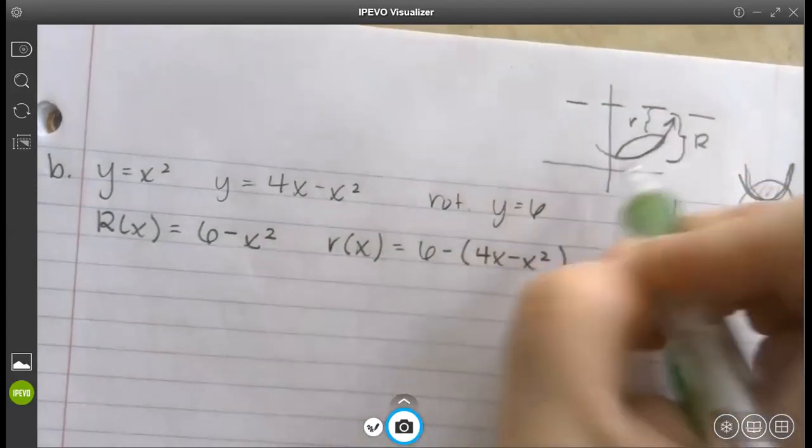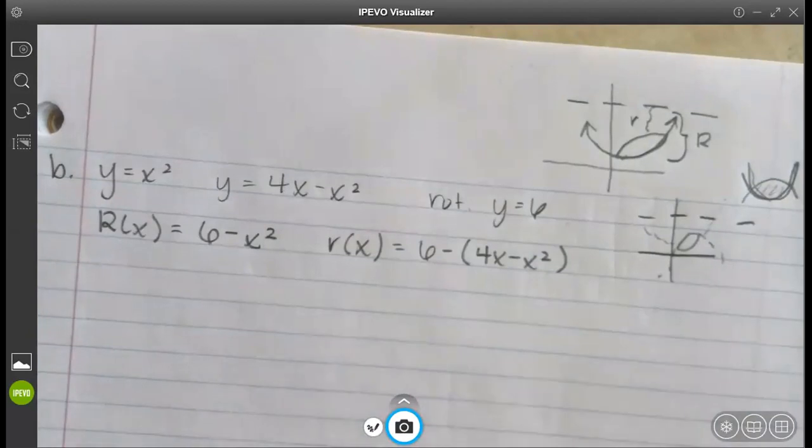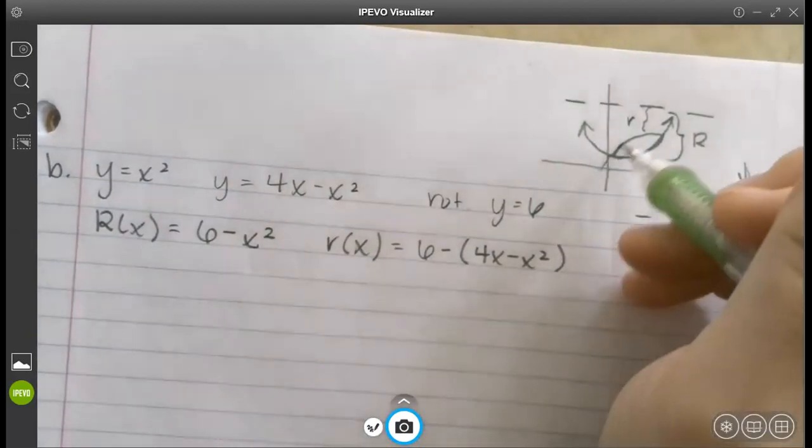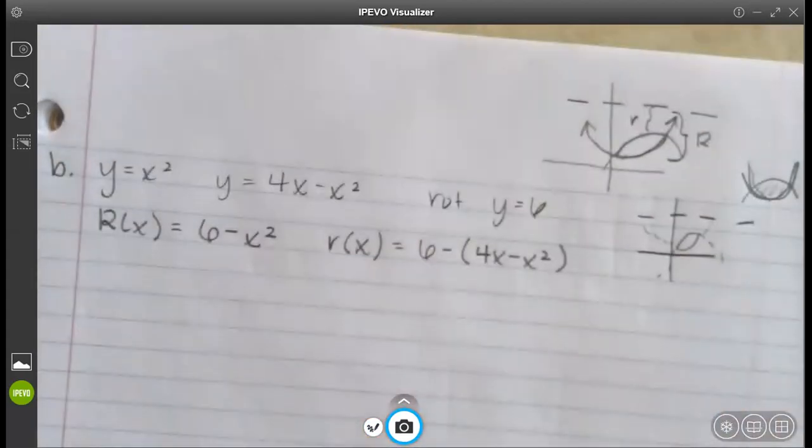This is the x squared function. So that's why we use x squared, because it's on the bottom. It's the furthest away. And then we use this one, 4x minus x squared, because it's the closest to our axis of revolution. So it'll be our smallest r. So 6 minus that, because we have a gap. Yep. So we're going from there.